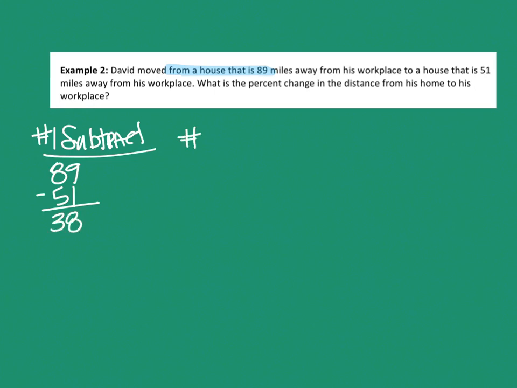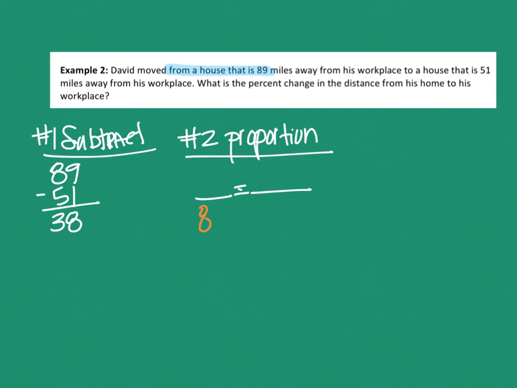Then step 2, now that I know how much it changed, I'm going to set up my proportion. Remember, we just said the number it started from is the one that goes on the bottom. So 89 is going on bottom. 100 is the percent number that always goes on bottom.